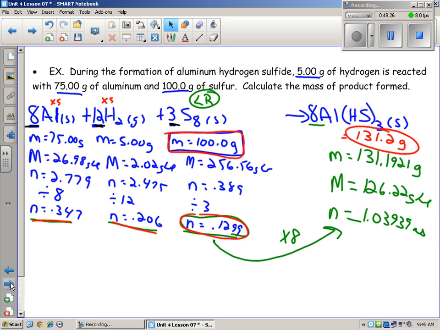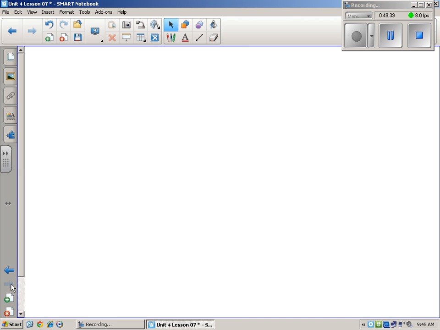All right. I will tell you this. Let's flip to your last page here for your actual questions, guys. When you get to these questions, you do have to take note that not all of these are limiting reactant questions where you're going to have to do all the work.